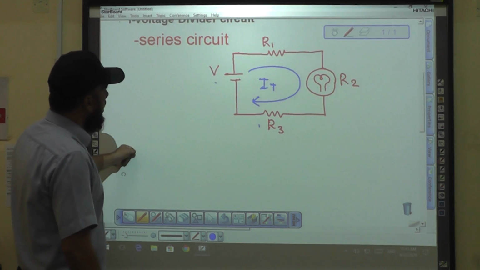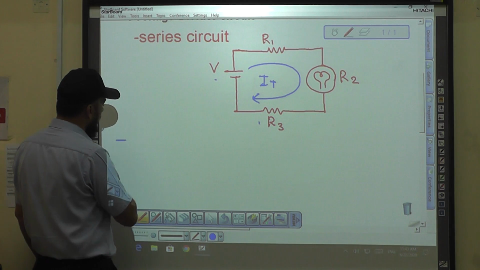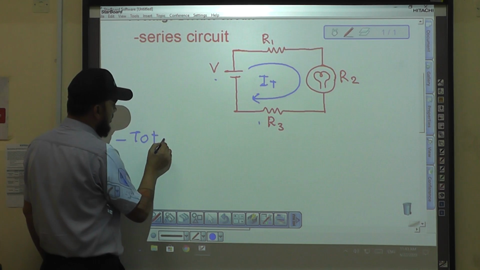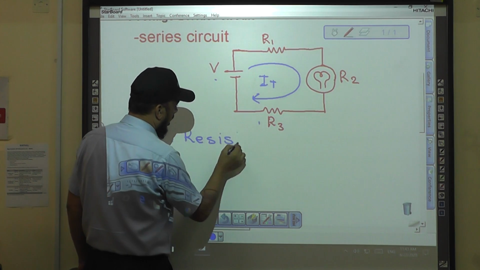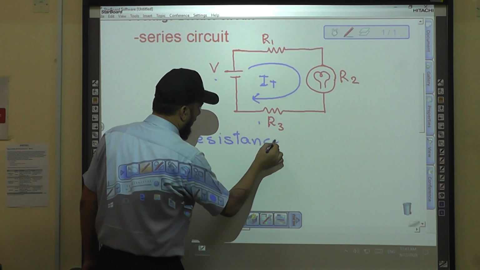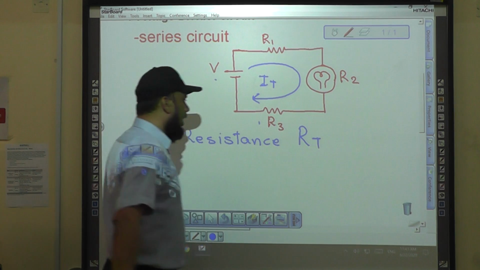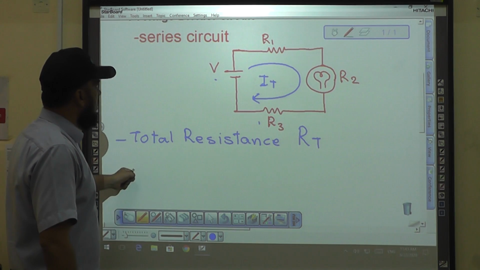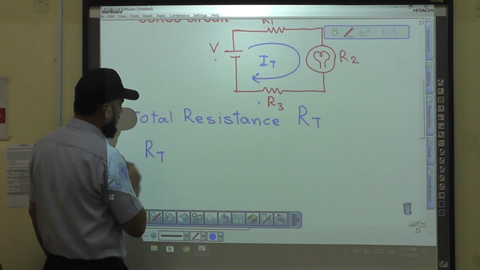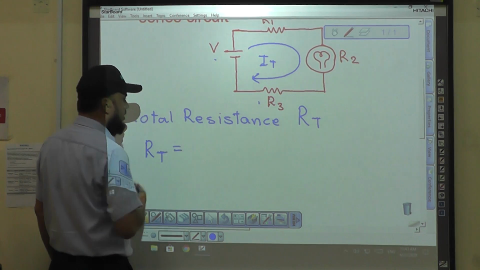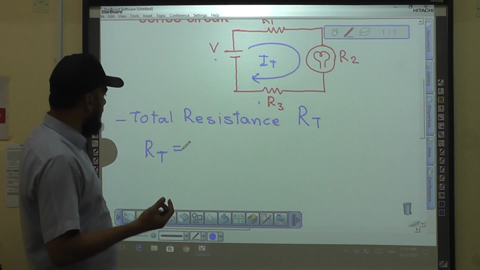Now, first of all we will calculate the total resistance, which we denote as RT. In a series circuit, the total resistance is the sum of all resistances, the addition of all resistances in the circuit.